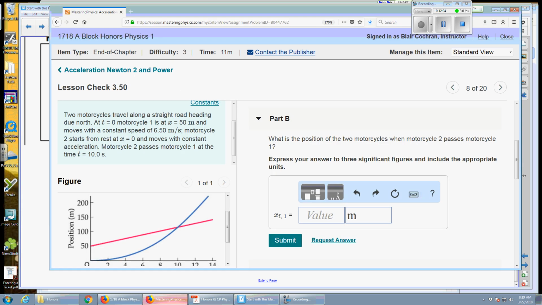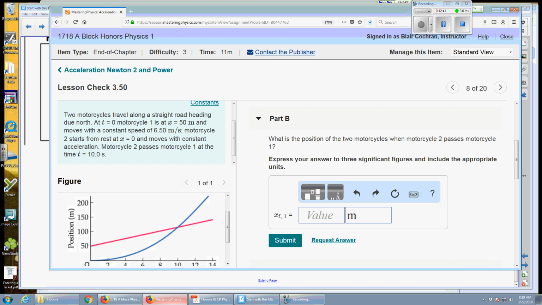A you can do if you understood the Y. So B was positioned as two motorcycles, and motorcycle 2 passes motorcycle 1. Express your answer in the appropriate units. So my unit's going to be meters. I know about motorcycle 1, I know where it starts, its velocity, its acceleration, and how long it moves for.